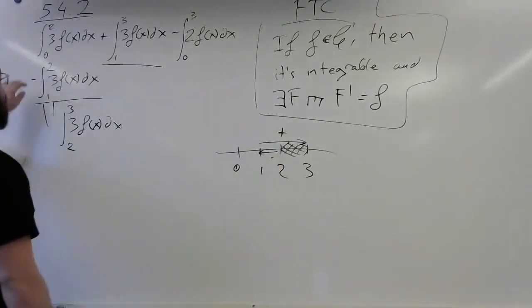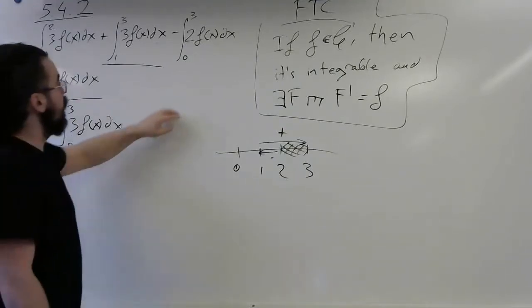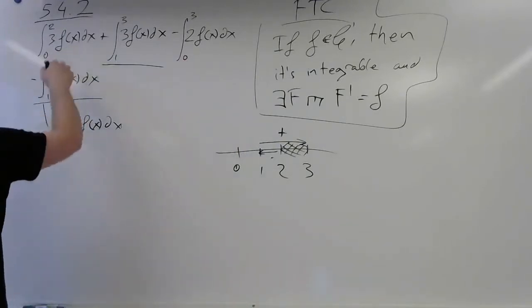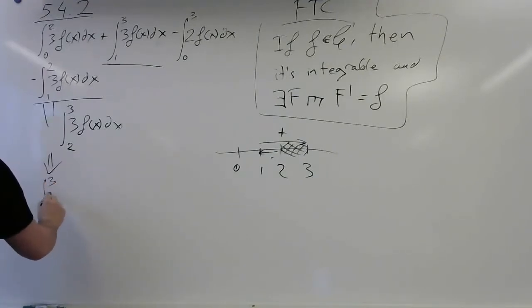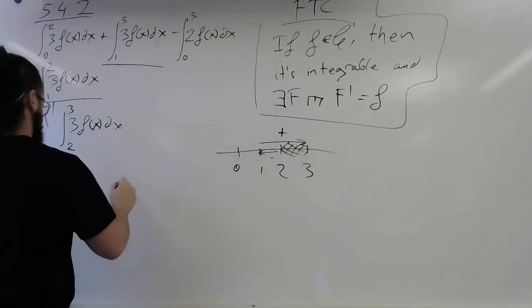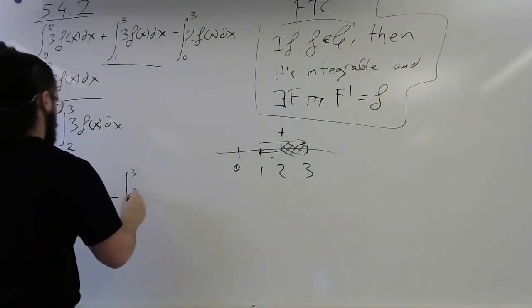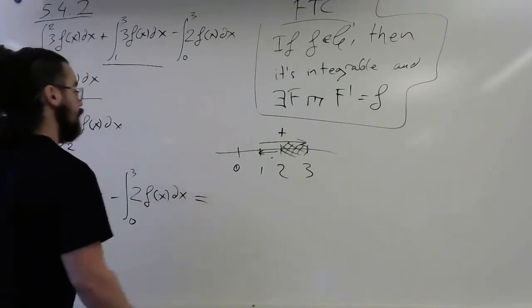So our equation has become integral between 0 and 2 of 3f of x plus integral between 2 and 3 of 3f of x plus this thing over here. So we're going to add up those things, and we get integral between 0 and 3 of 3f of x dx. We add this last term, which is integral between 0 and 3 of 2f of x dx.